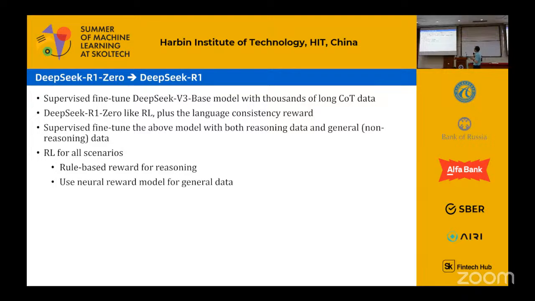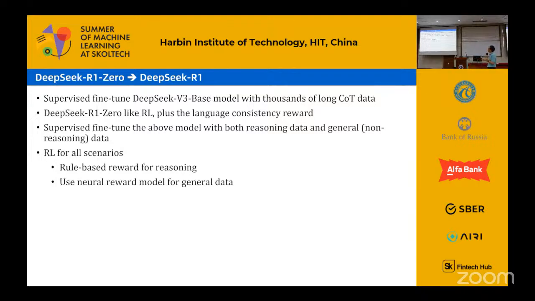Without the language consistency reward, it tries to mix different languages. For example, Russian and Chinese mix together, or Chinese and English mixed together, which is not very friendly to users. And then they further fine-tune the RL-trained model, and then do another round of RL for all scenarios. All scenarios means both the reasoning questions and also non-reasoning or general input-output pairs.